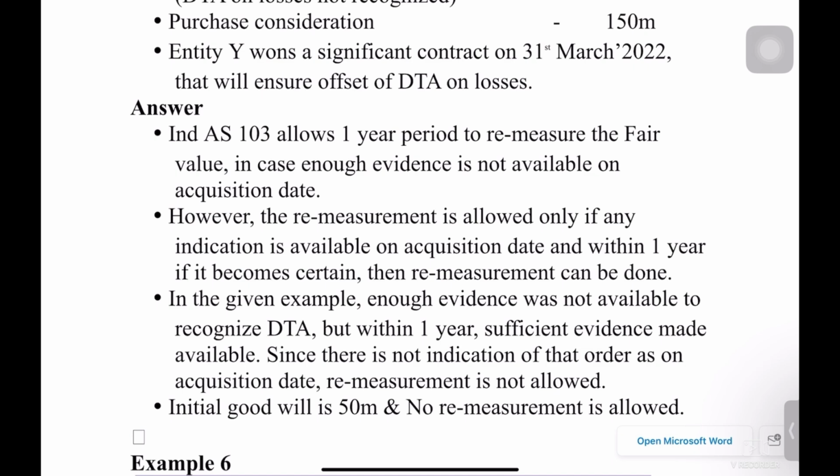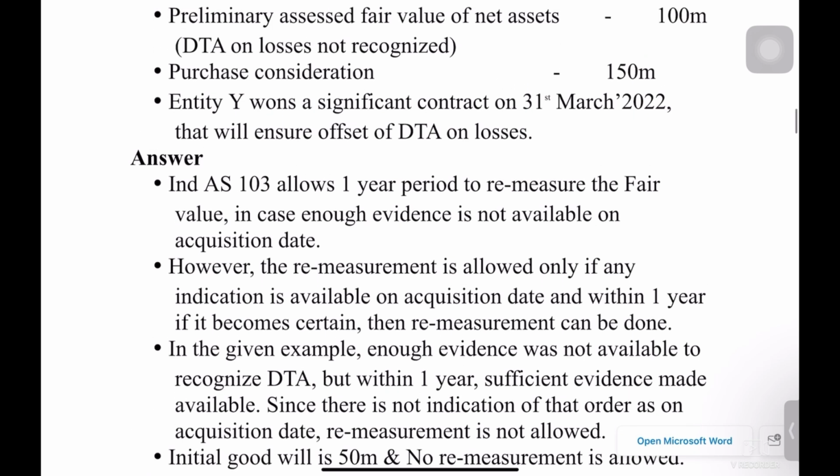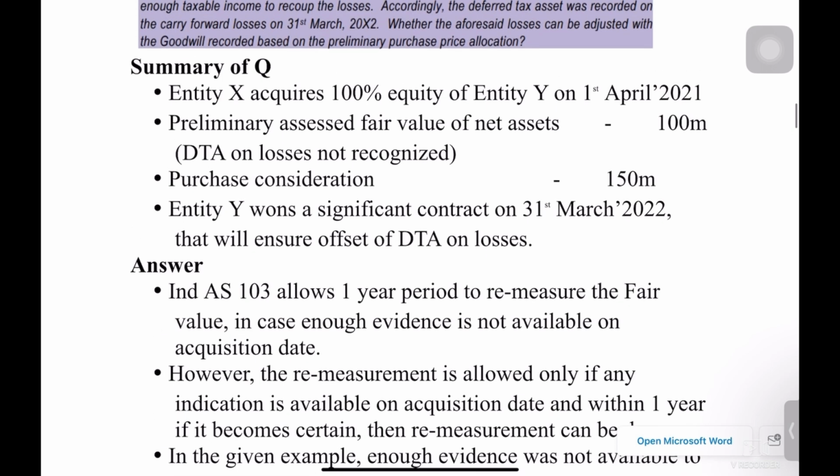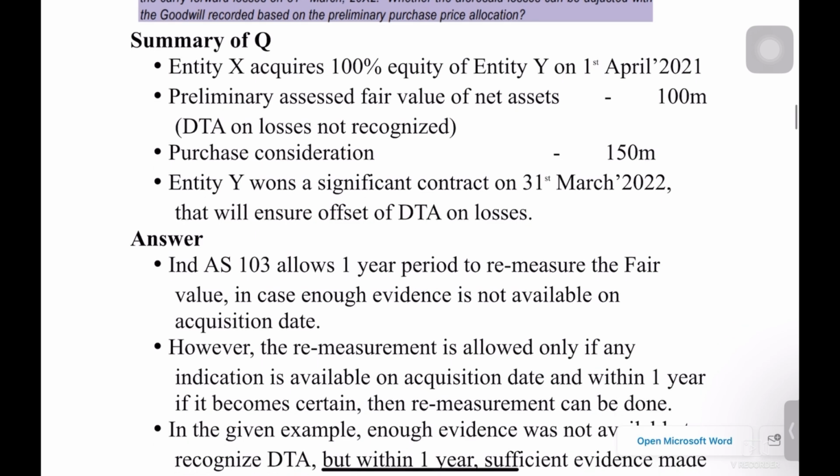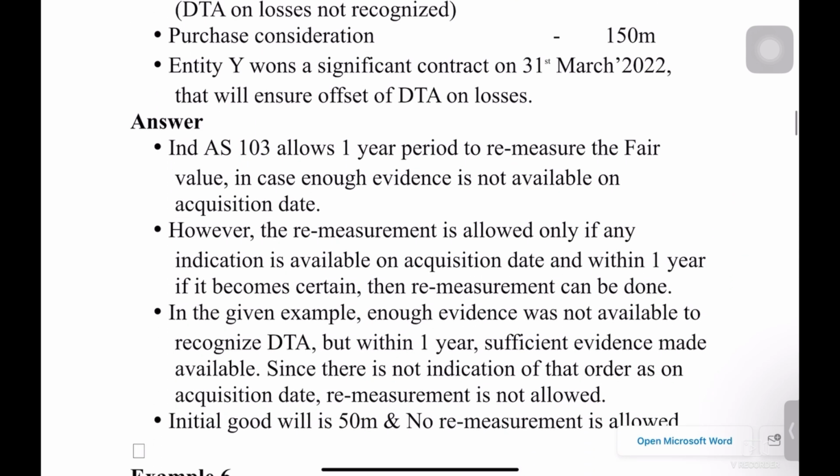So initial goodwill is 50 million INR, but no remeasurement is allowed. So how did this 50 million INR come? The purchase consideration is 150, but the preliminary assessed fair value of net assets is 100. So 150 minus 100 is the excess consideration paid. So that will continue to be accounted as goodwill, and no remeasurement is allowed post the acquisition.